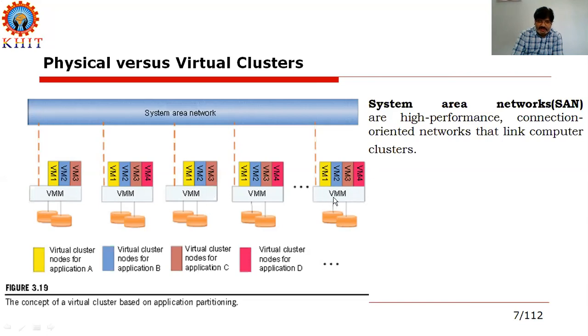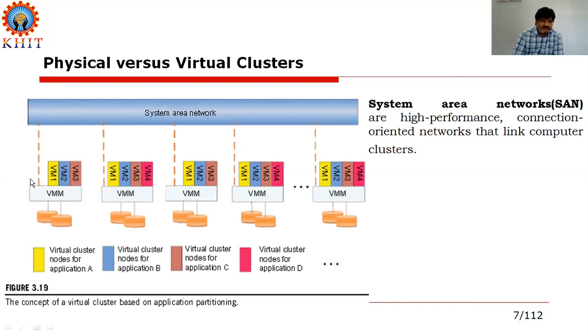VMM stands for Virtual Machine Manager or Hypervisor. The main objective of the Virtual Machine Manager or Hypervisor is that it can provide an environment for creating any number of virtual machines over the network. So here there are 3 or 4 different types of virtual nodes which are well connected to the virtual machine manager.